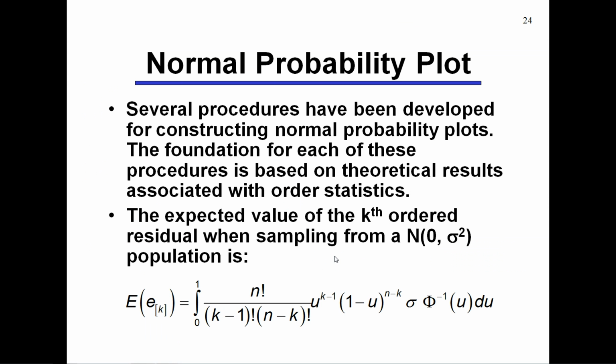Now, most textbooks, ours being no exception, spend a lot of time talking about normal probability plots. Now, there are lots of ways to construct normal probability plots. All of them, in some way or another, take a look at the actual observed values of our residuals and compare them to what we would expect given the assumption of normality.